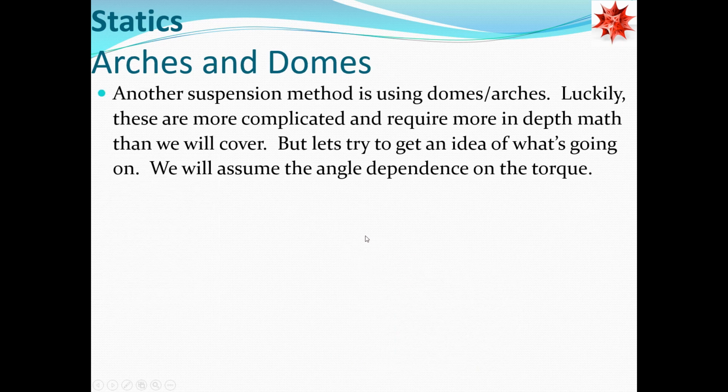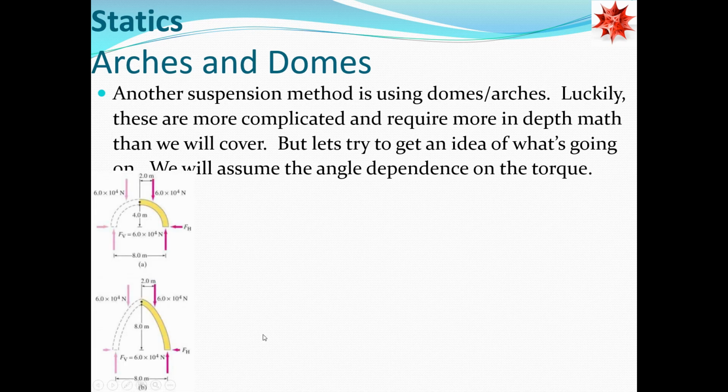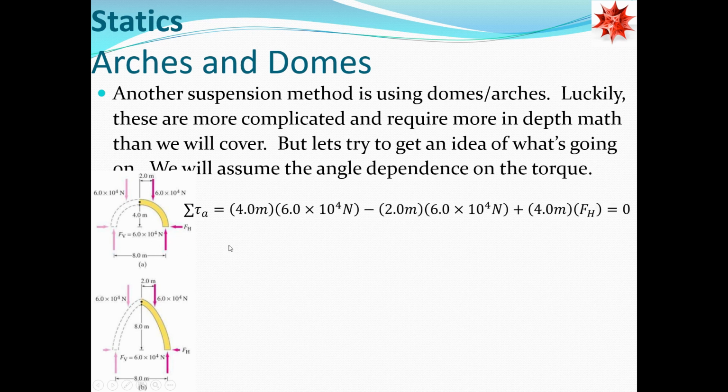Another thing that we could talk about in this topic is arches and domes. Of course, we're not covering this, but here are two examples where we include how this affects torque. If we look at the force on the hinge, we can use our torque equation.